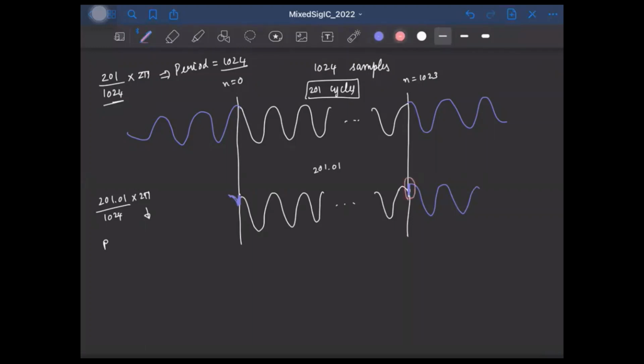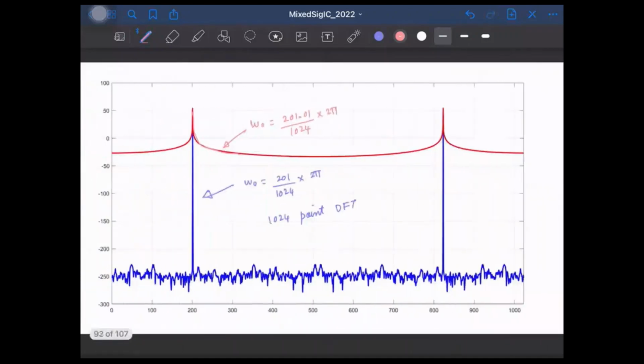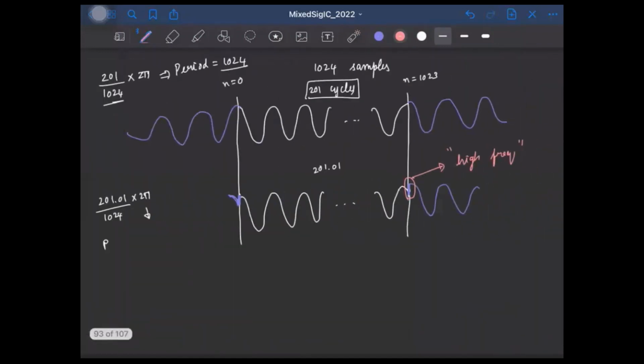Since we have a sudden jump, we know that a sudden jump corresponds to high frequency. So this sudden jump is what results in this kind of flat high frequency noise. That's what is happening in the time domain. So how do we solve this? We observe that in this window of 1024 samples, all the samples in between are fine.